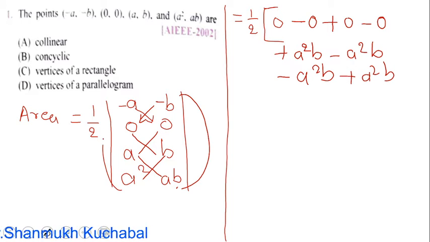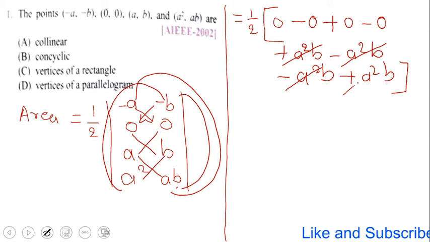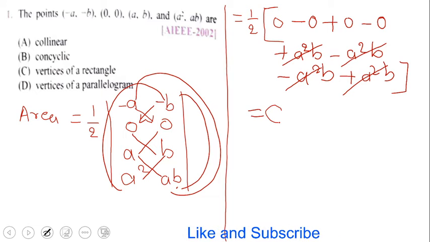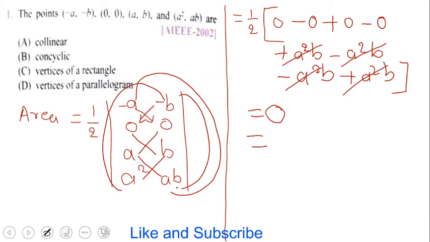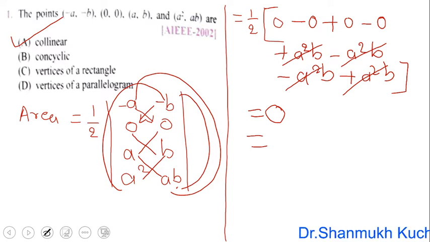Like this we cross multiply once again, left to right then right to left. Then we simplify: the plus and minus terms cancel, so we get the area as 0. Therefore the points are collinear, so the quadrilateral ABCD is collinear, and option A is the right answer.